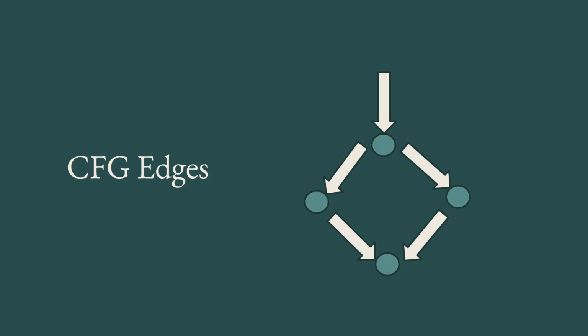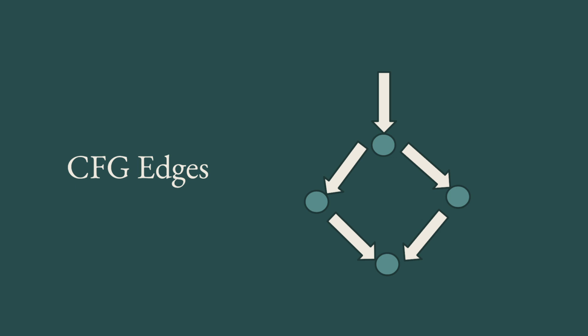A control flow graph, or CFG, represents the possible paths a program can take during execution. The nodes are basic blocks of code, sequences of instructions, and the edges are the transitions between the blocks based on control flow. Examples of these are if statements, loops, and function calls.